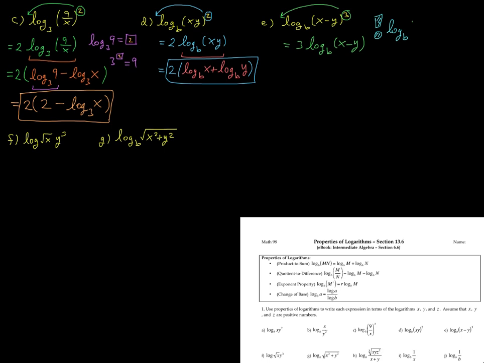Log base b of, say, a plus or minus b, this does not break up in this kind of way, right? Because the operation inside here is either going to be a plus or a minus. Here it's a minus.